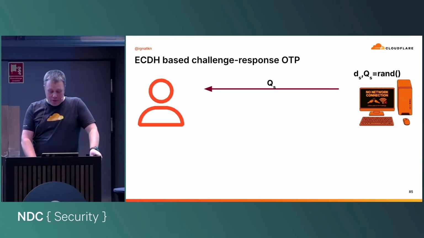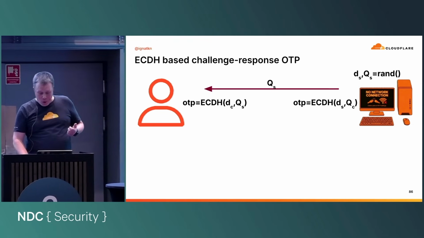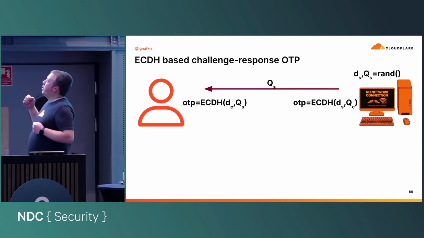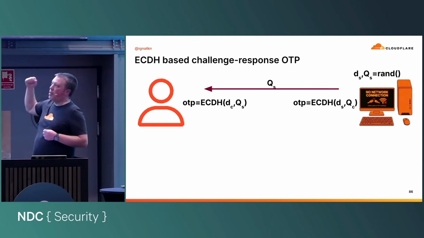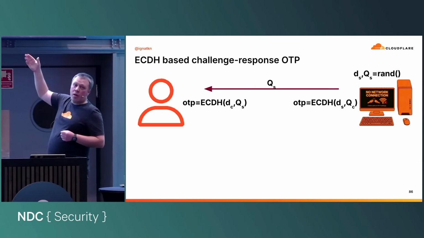Now, having this and assuming we had the setup phase within SSH, both parties can compute the same shared secret, right? So the user will compute the shared secret using this public challenge and its own private key, the SSH private key in this case.